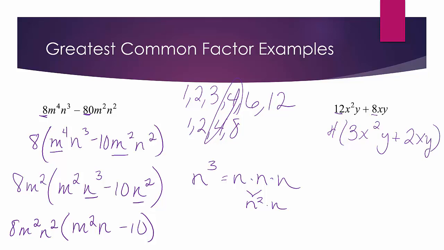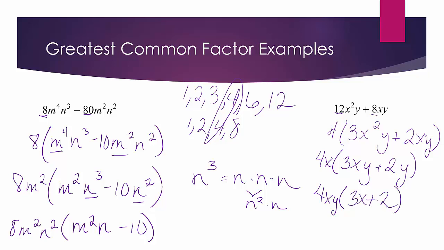I'm going to look at my x's. I have one x that I can pull out, so that's 4x times 3xy plus 2y. And now I have a y I can pull out, so that's 4xy times 3x plus 2.